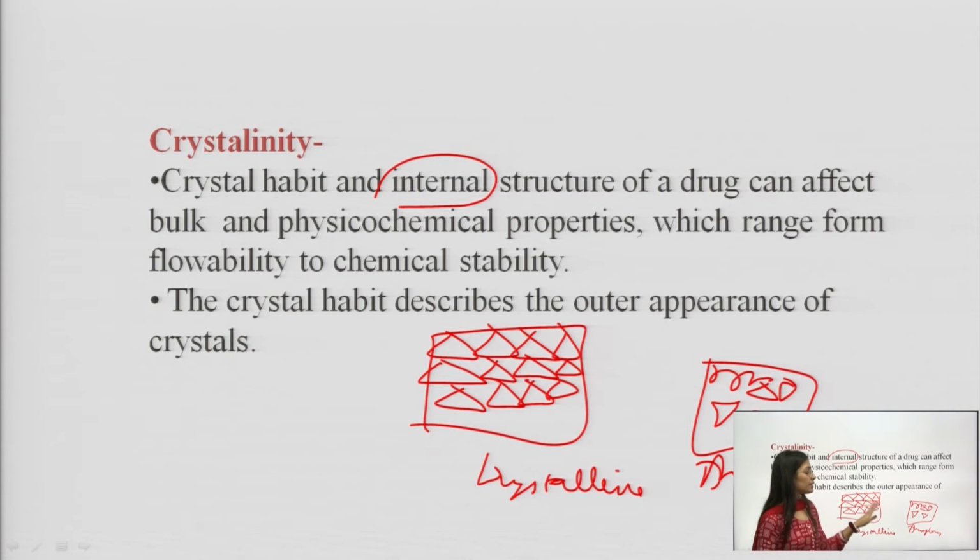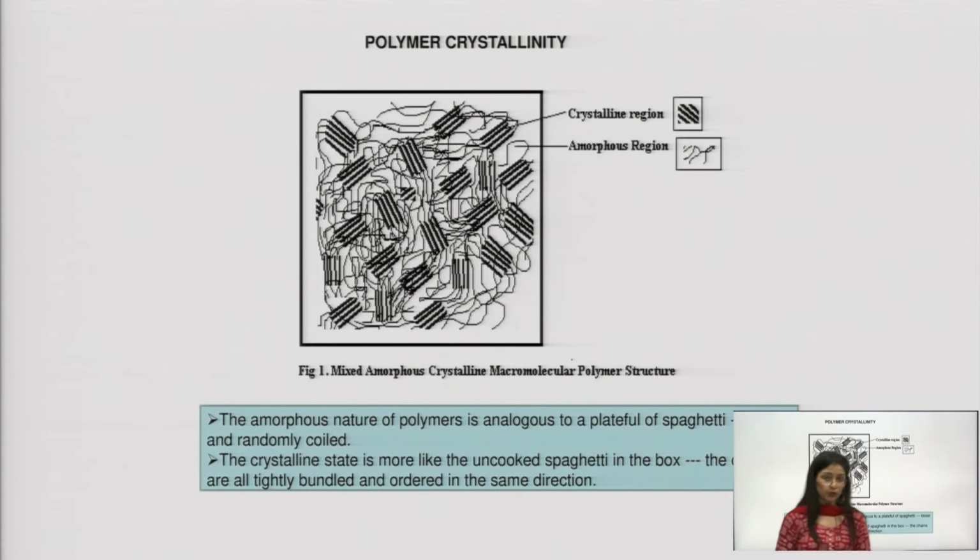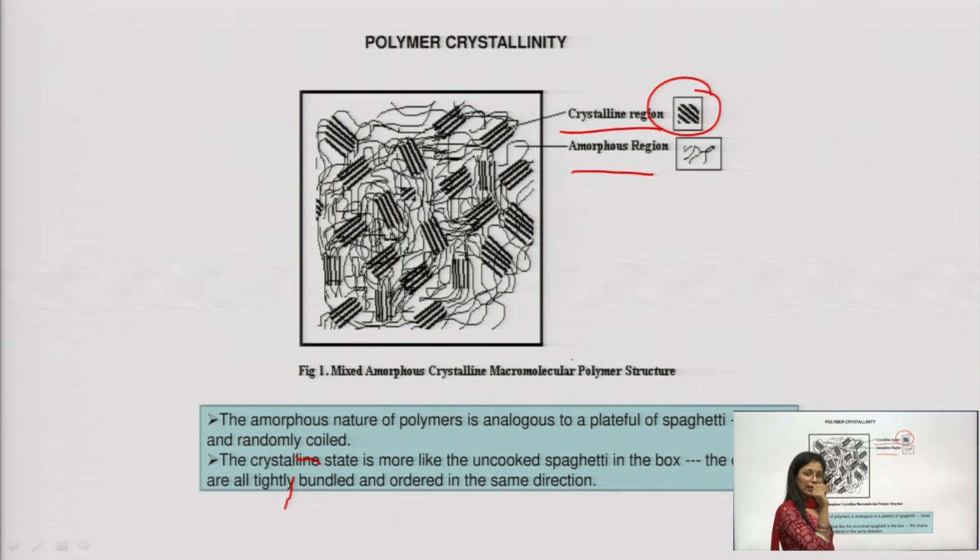The crystal habit describes the outer appearance of the crystal. These are the crystal habits, these describe the outer appearance of the particular crystals only. Okay. So, in this diagram you can see we have polymer crystallinity. This is the crystalline region and this is the amorphous region. The crystalline region is somewhat symmetrical. You can see we have bold black lines over here. These are regularly arranged.